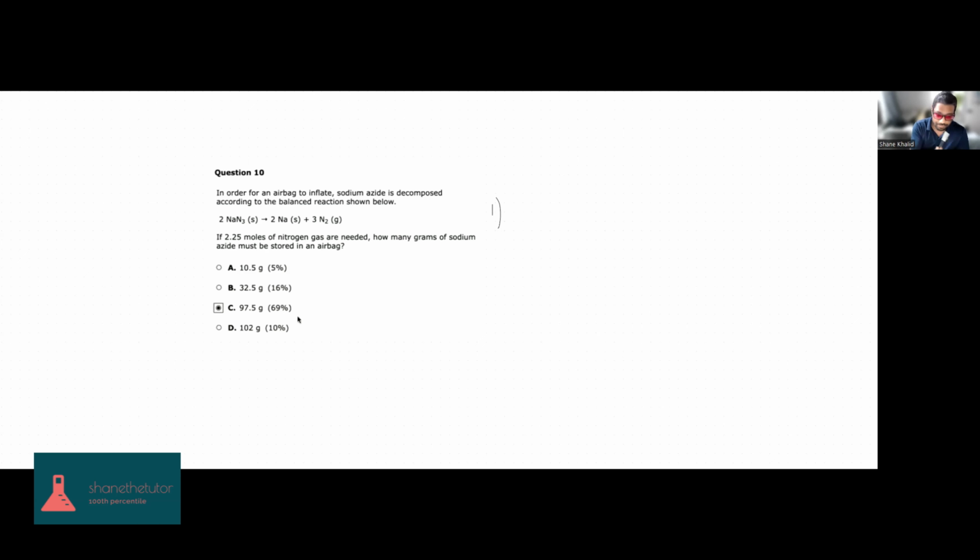So we want to figure out how many moles of sodium azide we get, and then we use our gram formula mass to figure out the actual mass of that sodium azide. So this will involve first figuring out how many moles of sodium azide there will be.